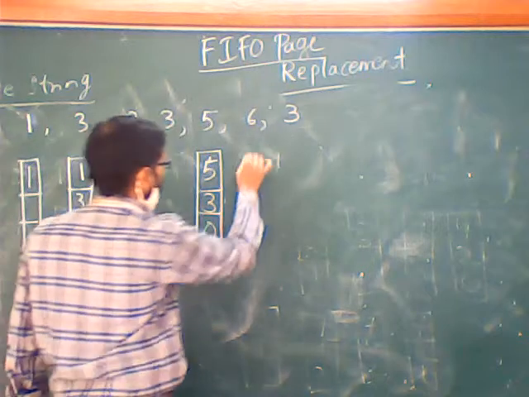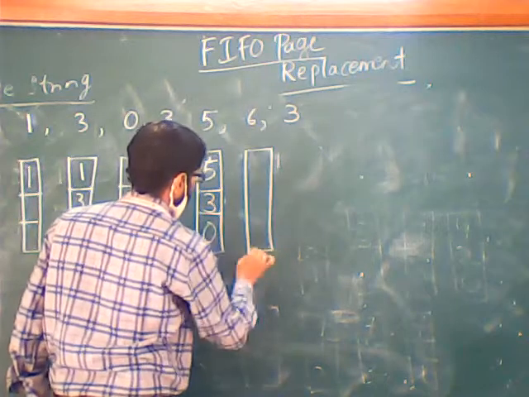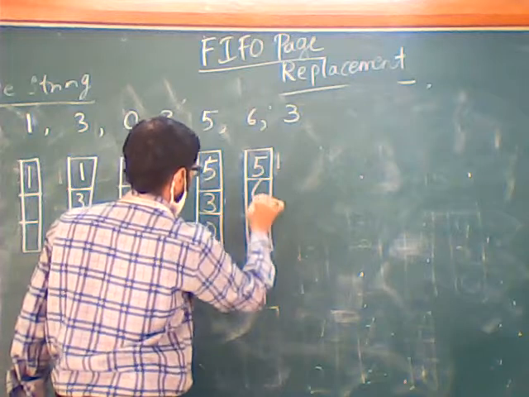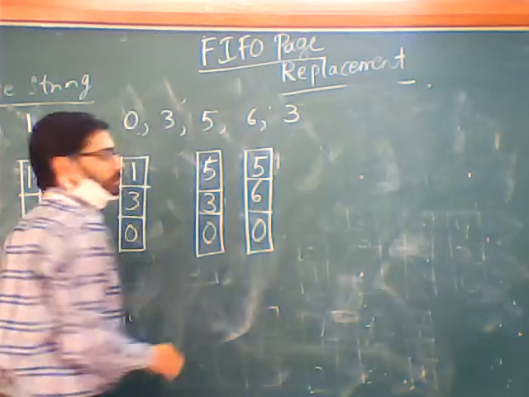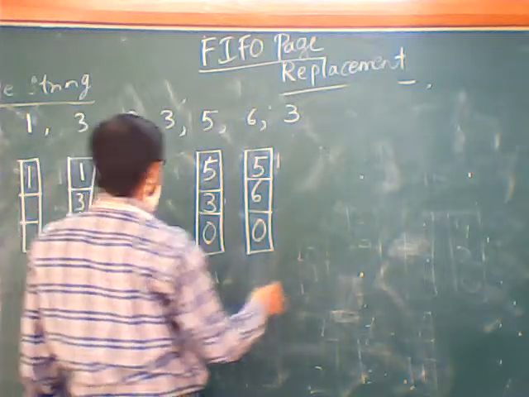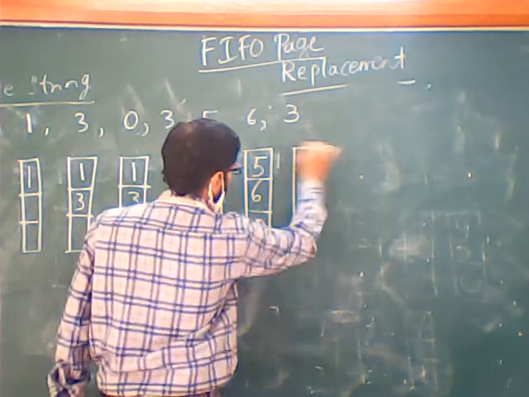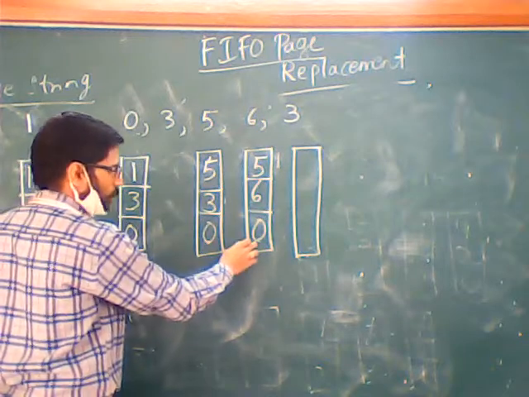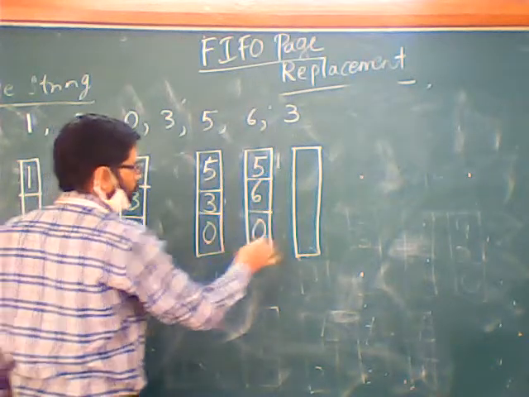First in, first out. Now go for the next 3. Is 3 there? No. We need to replace. Out of 5, 6, 0, which is first? 0 is first.